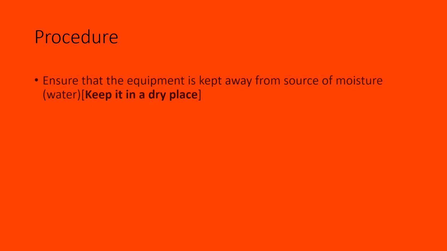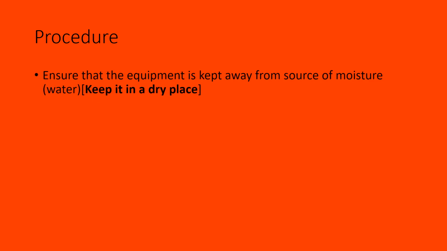Let us see the procedure. Ensure that the equipment is kept away from the source of moisture, water, that means keep it in a dry place. As explained in the earlier slide, it is absolutely necessary to keep the instrument in a clean and dry place away from any water source.